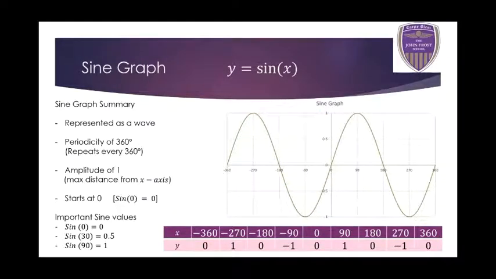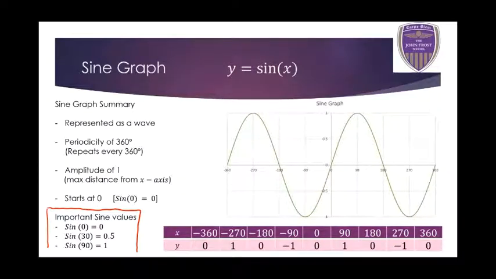And then this might help you to remember when you're drawing a sine graph. The graph starts, so to speak, at 0. So when the angle is 0, sine of 0 is also 0, okay? And apart from that, there's 3 relatively important sine values that you should try and remember, okay?